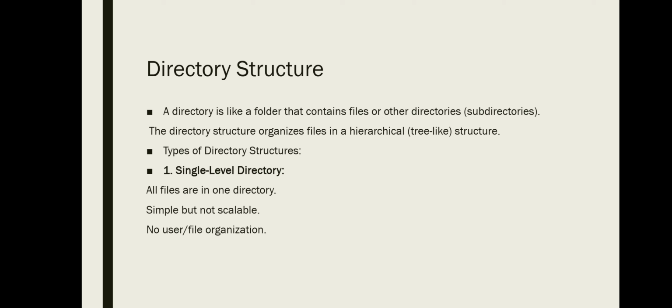Since all the files are in the same directory, they must have a unique name. If two users call their dataset test, then the unique name rule is violated. It is a very simple file organization with no user separation.